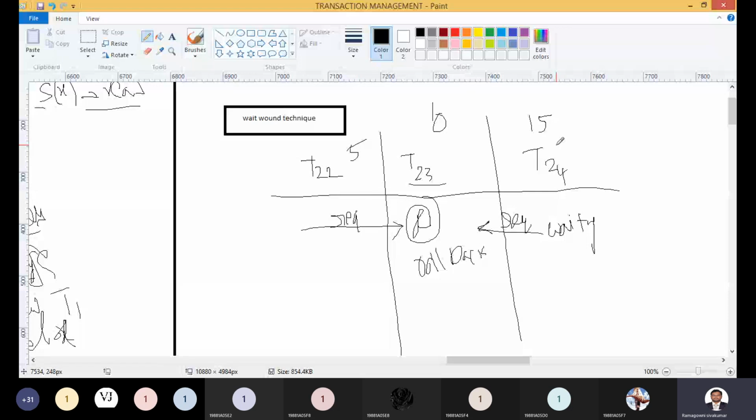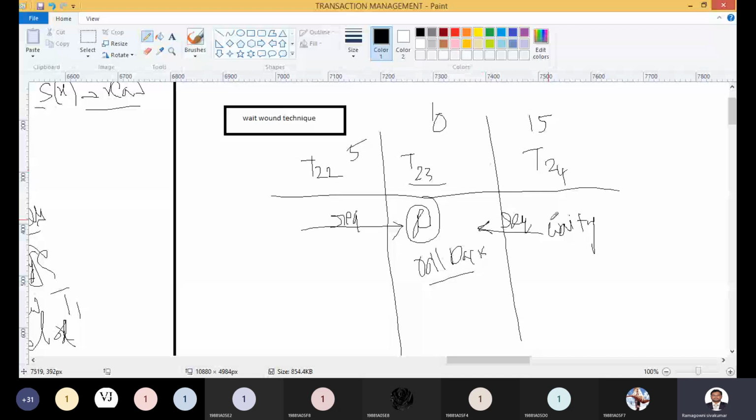If transaction T22 requests a data item held by T23, then the data item will be preempted from T23 and T23 will be rolled back. If transaction T24 requests a data item held by T23, then T24 will be in a waiting state.